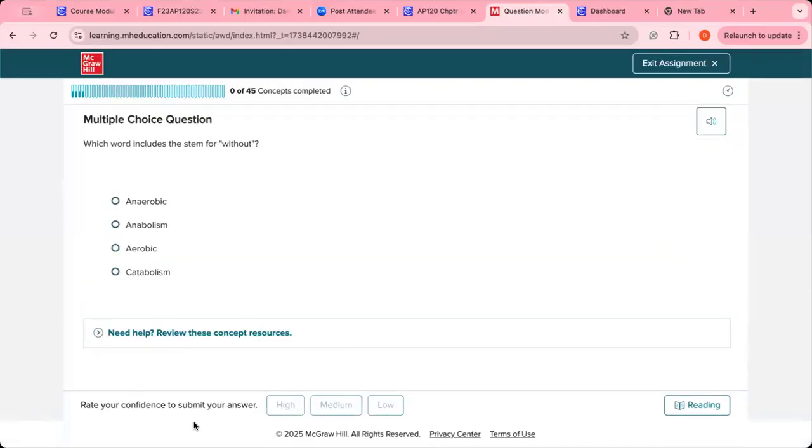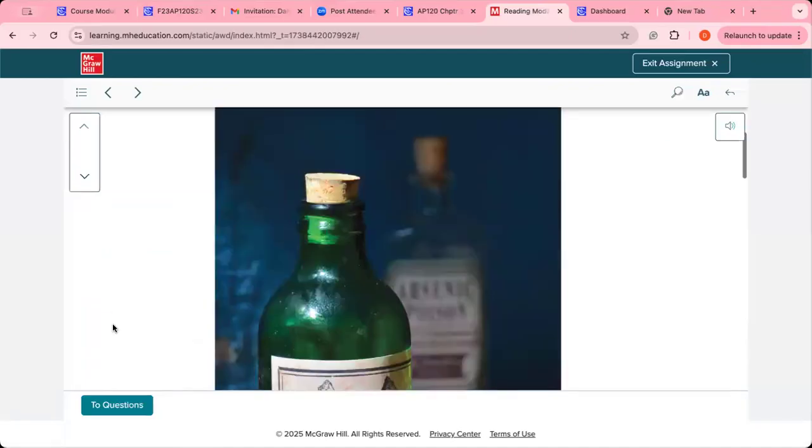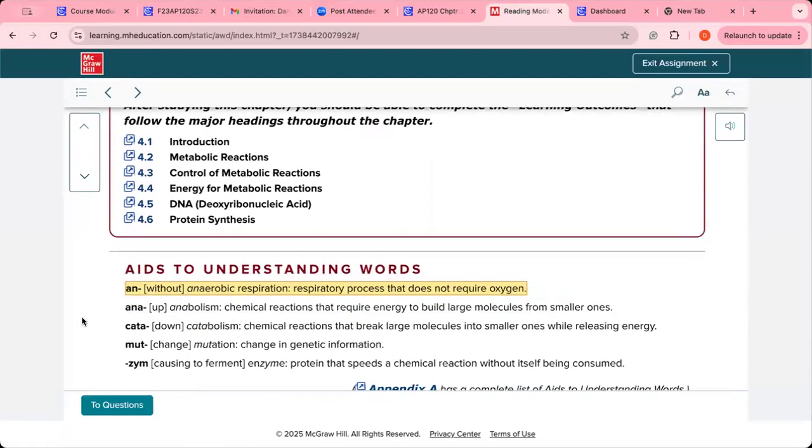Which word includes the stem for without? Well, what is the stem for without? Let's review it. The stem for without is an. So we would need a word with an on it. Let's look at the words.